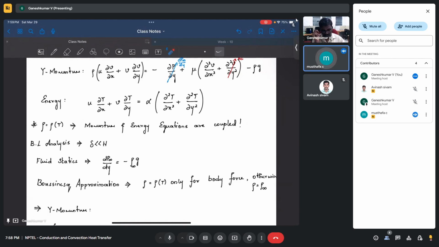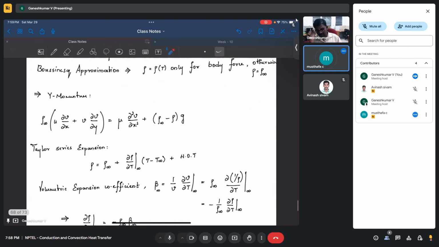Whether the statement is true or false in the assignment, you have to figure it out yourself, but you understand the Boussinesq approximation, right? Only in the body force term you consider the density to be a function of temperature. In all other terms, it is simply rho infinity.